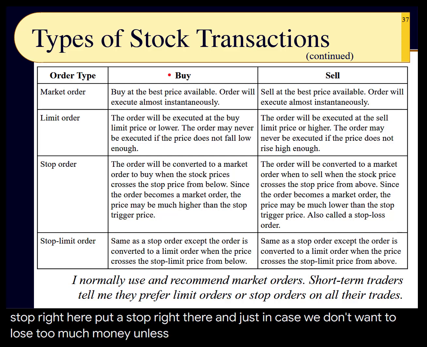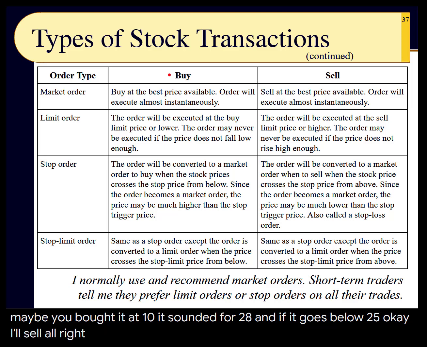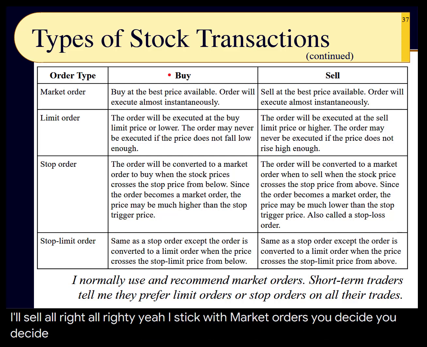Well, as Peter Lynch says, you're guaranteed then to lose. But hey, maybe you bought it at 10, it's selling for 28, and if it goes below 25, okay, I'll sell. All righty. I stick with market orders. You decide. But you should really understand them.